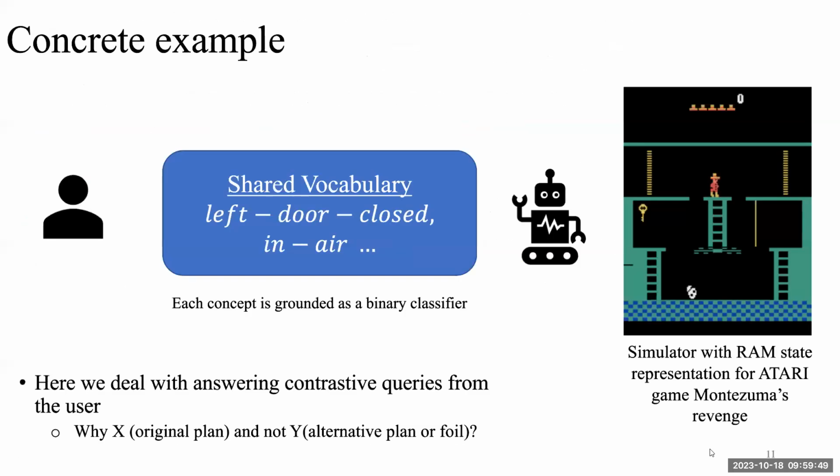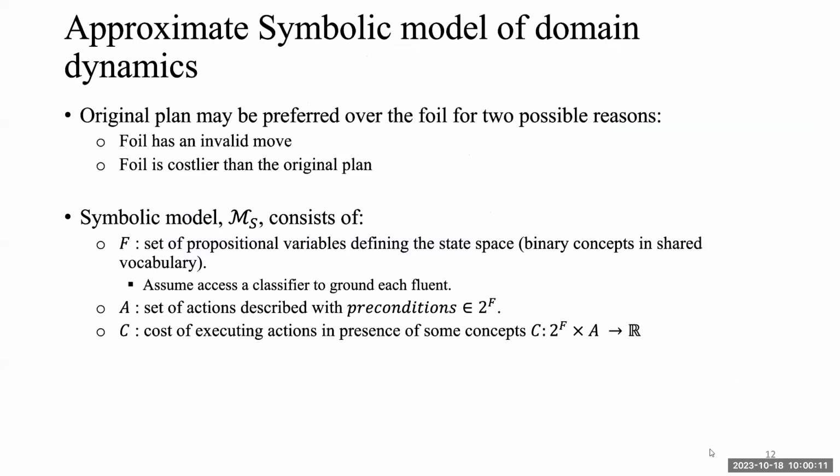Here we had contrastive queries like why do X and why not do Y. So in this case, there are two ways to basically invalidate Y. The user asks why did the agent do X and not Y, and the agent is going to explain why it did the plan X and not Y. So there were two ways we were doing it.